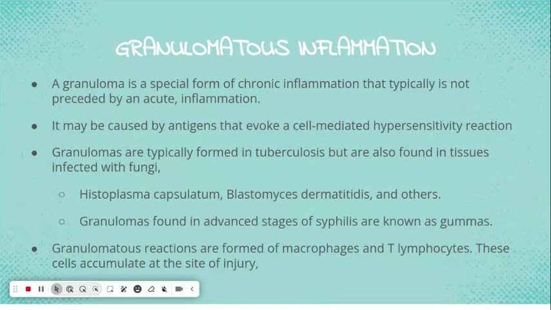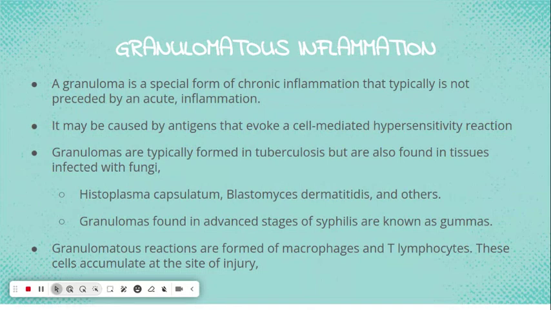Then we have granulomatous inflammation, and this is a special form of chronic inflammation that's not typically preceded by an acute inflammation. A great example of this would be tuberculosis. That is a granulomatous inflammation. You get the infection and then you start forming granules in your lungs due to that bacteria. It may be caused by antigens that invoke a cell-mediated hypersensitivity reaction.